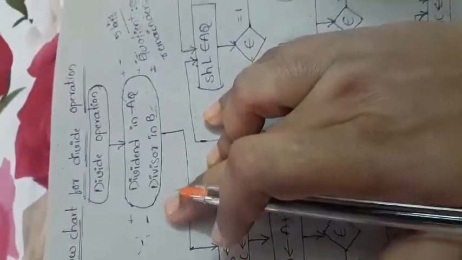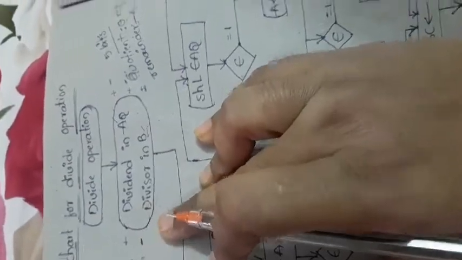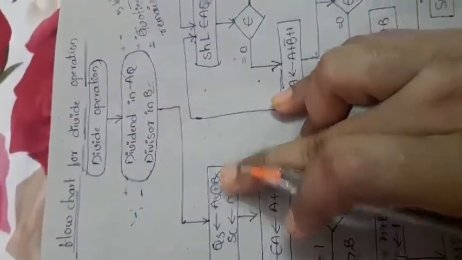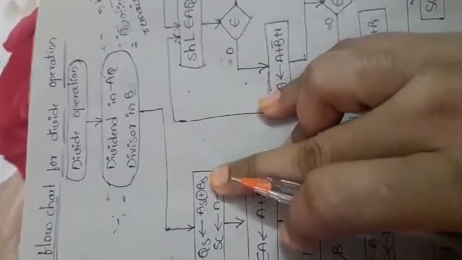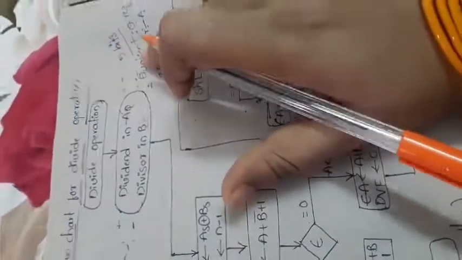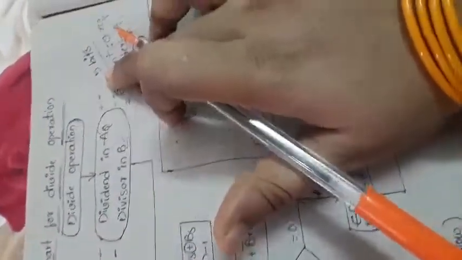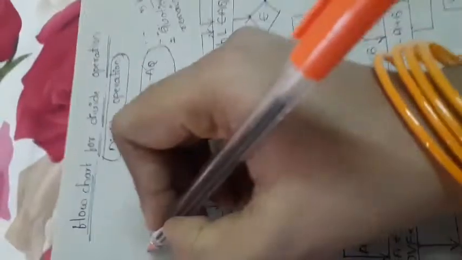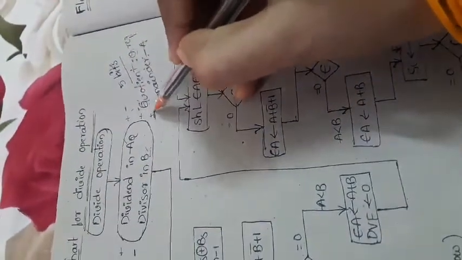That's why we are performing the exclusive OR operation between AS and BS, the sign bits. Plus plus, or minus minus, gives us plus only, right?